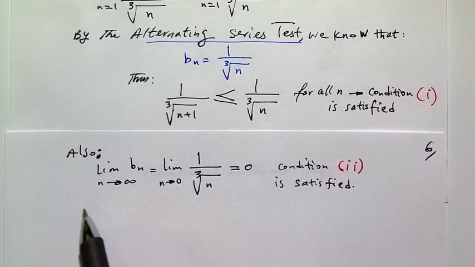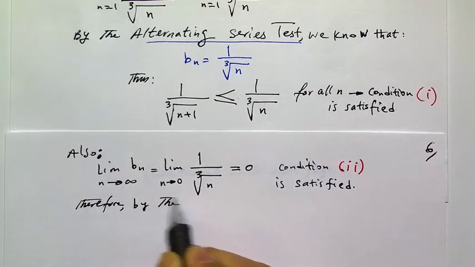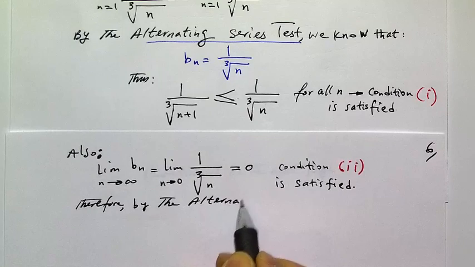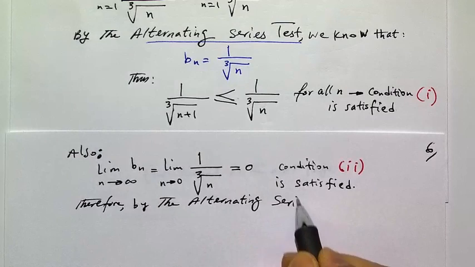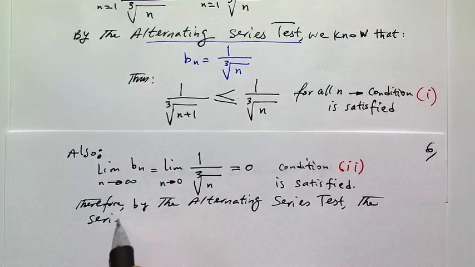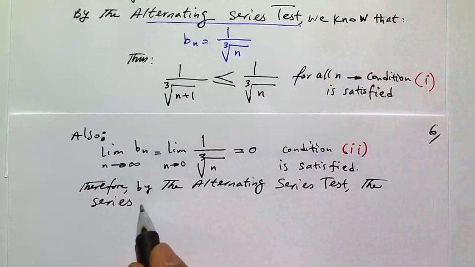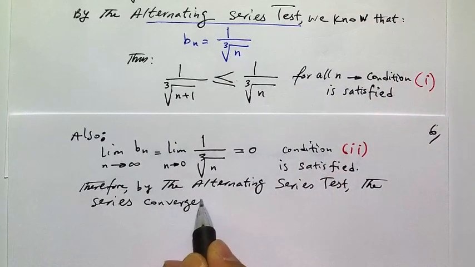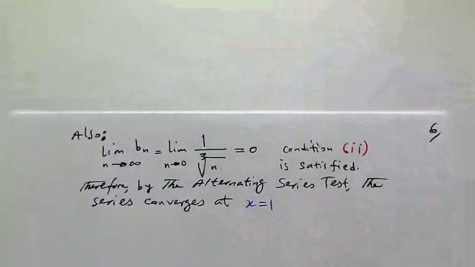So before looking at x equals -1, I just want to add that therefore, by the alternating series test, the series converges at x equals 1.